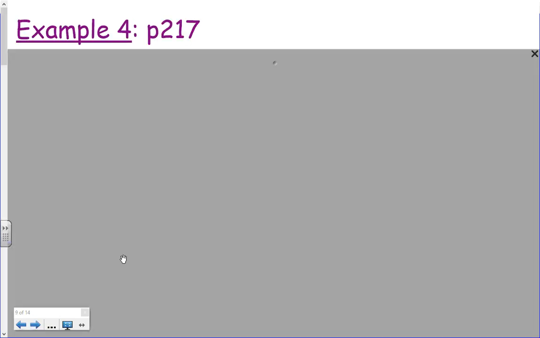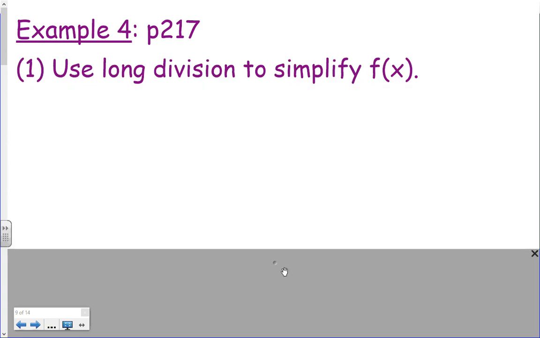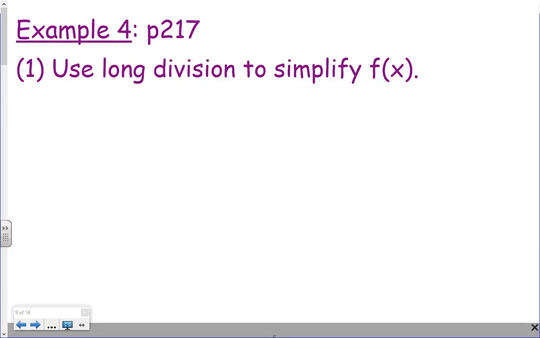Okay, so let's take a look at example number 4 there on page 217 in your book. They give us a function and they ask us to plot this. Now they just ask us to plot it. We're going to go through and come up with all the key features of this function. In fact, we're going to start out with long division to simplify this function f of x.